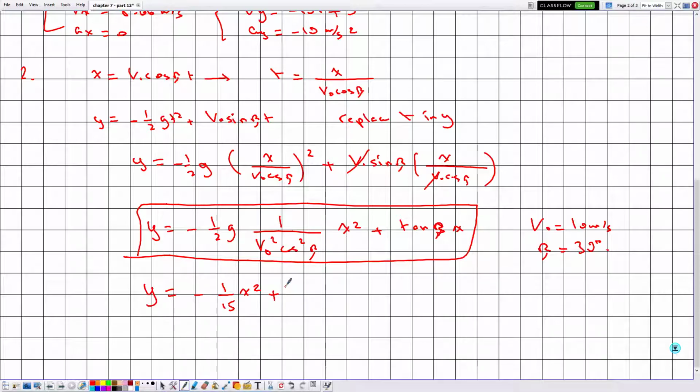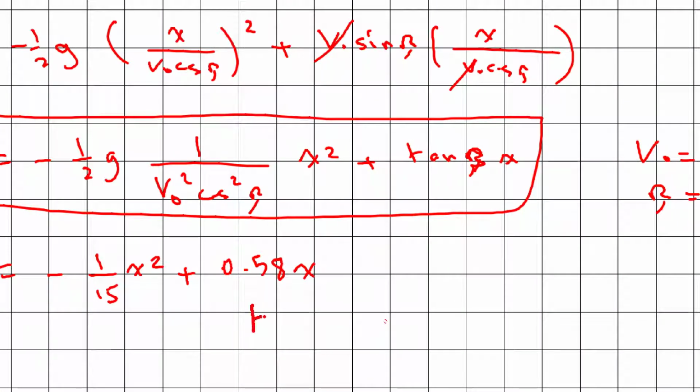Plus tangent beta, which is given by 0.58 x. Notice that in this case the value of tangent 30 is equal to 0.57735, etc. But I'm rounding to the second significant figure, so since 7 is greater than 5, this will be given by 0.58.